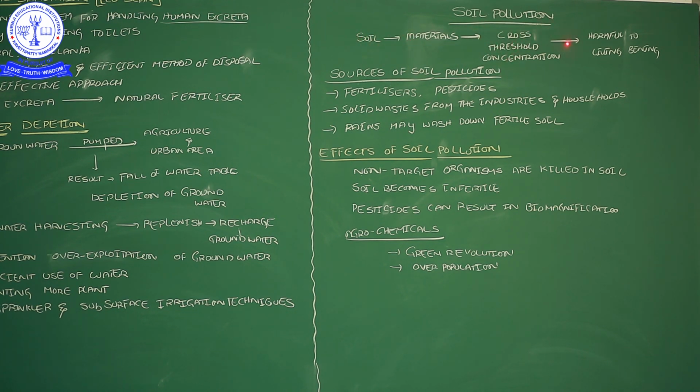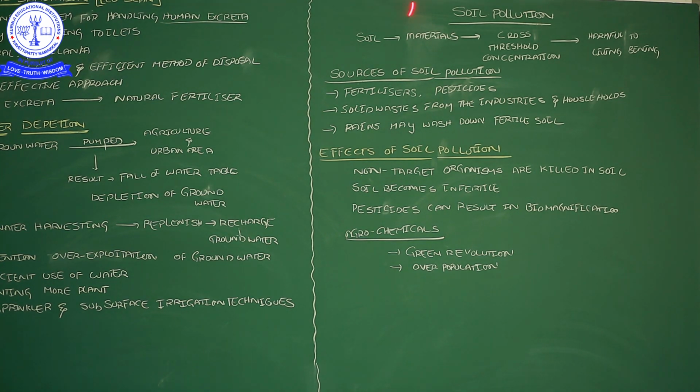Finally, crossing the threshold concentration harms living organisms, not only human beings. We should not always think only of human survivability. We should think that every living organism wants to survive in the ecosystem on the earth, because if any one organism is affected by the environment or other activities, the total ecosystem will be affected, whether minor or major.